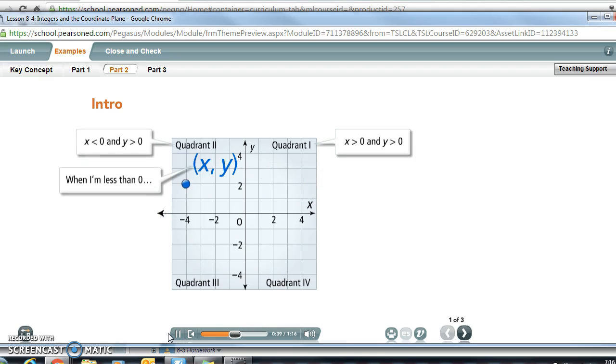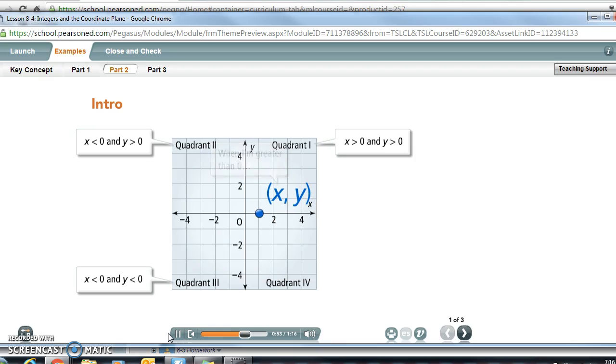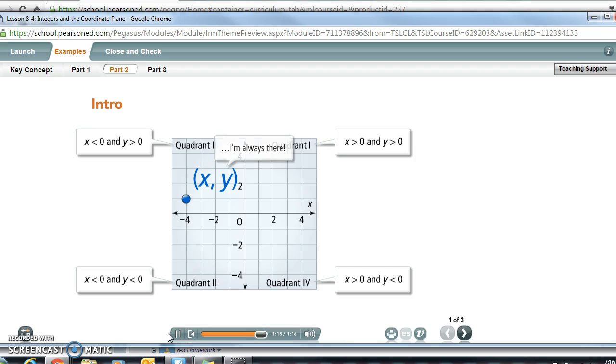When I'm less than 0, and same for me, off we go to quadrant 3. When I am greater than 0, but I am not, to quadrant 4, we quickly trot. I am X. He is Y. We're an ordered pair. Wherever I go, I'm always there.